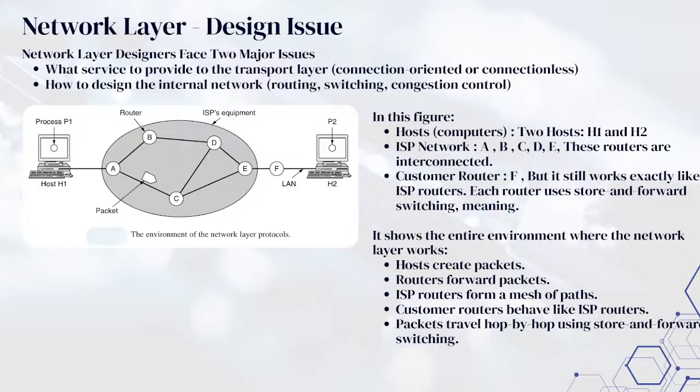Here one image we have added, which has two hosts, host 1 and host 2. Host 1 is sending some process to host 2. There are routers, where F is a customer router, and the remaining ones in the ISP network are the different routers which send the packets to the next node.